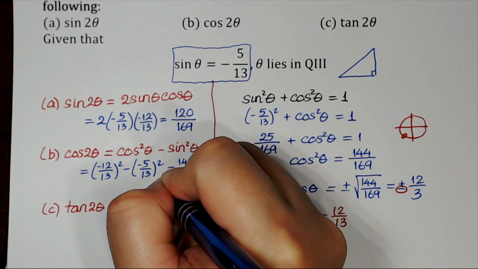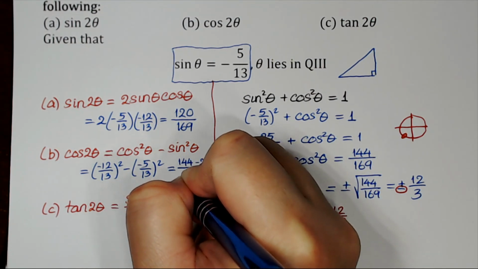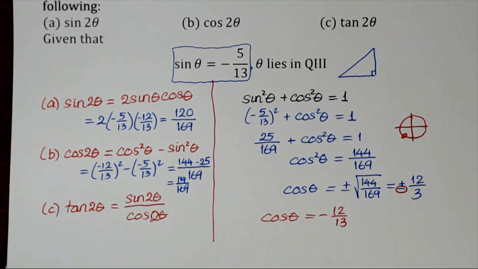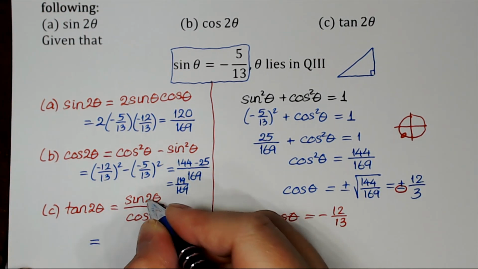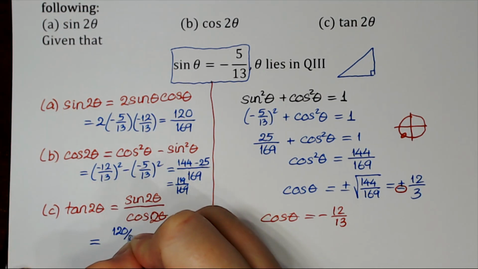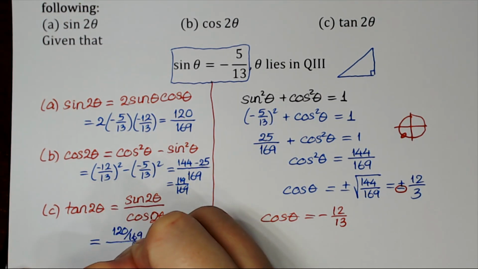We will have sine square plus cosine square is 1. So we have sine square, negative 5 over 13 square, plus cosine square equal to 1.